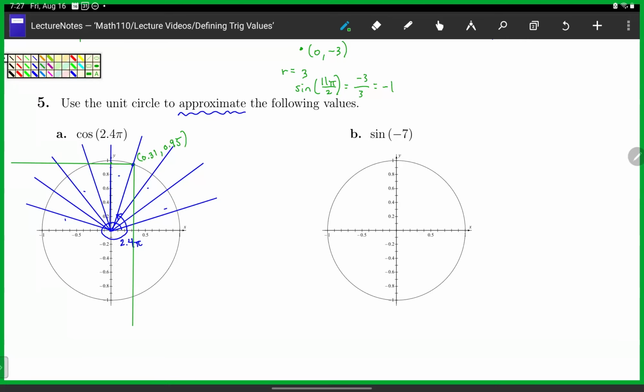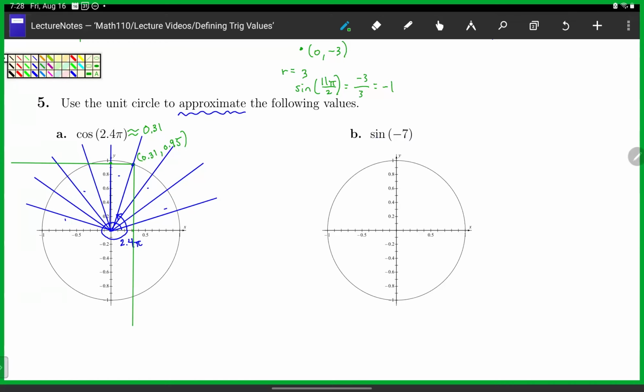Just kind of looking at where those coordinates are on the axes. The cosine is the x-coordinate, so I would say it looks like this is approximately 0.31 based on what I can see here. And it turns out I looked at the calculator, and cosine of 2.4 pi is actually about 0.309016, which is like, I'm shocked that my eyeballs got that accurate of a number. I'm sure that won't happen with this other one.